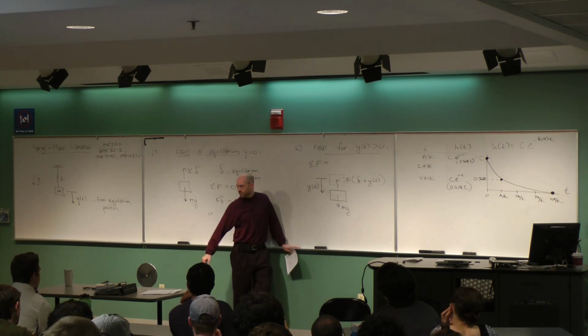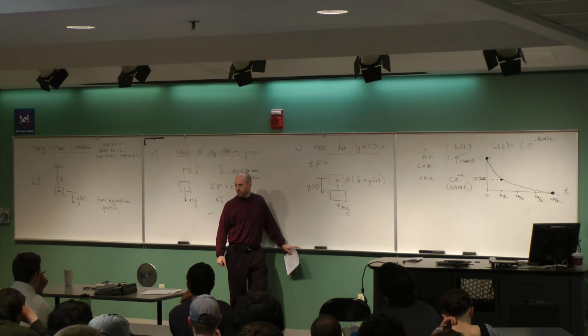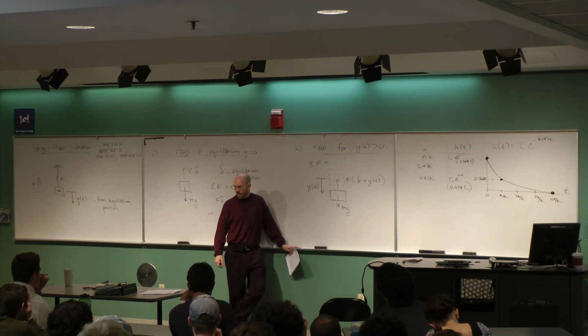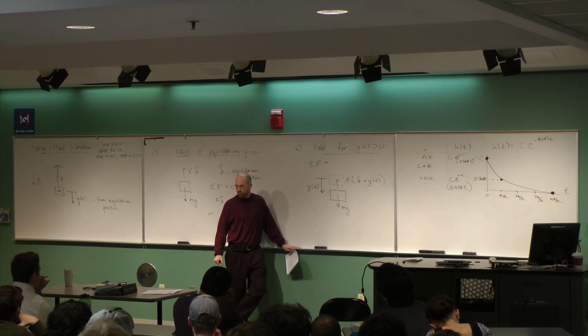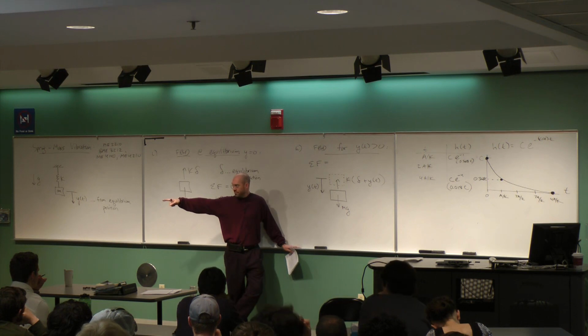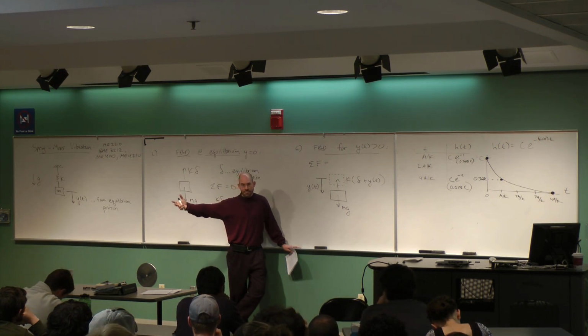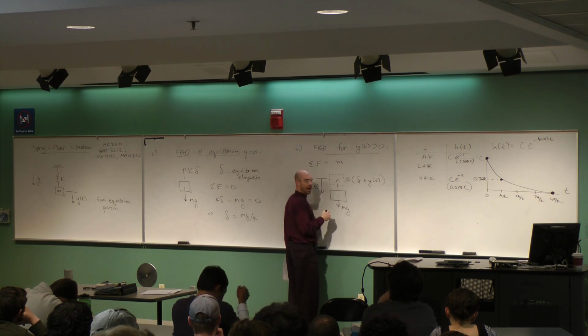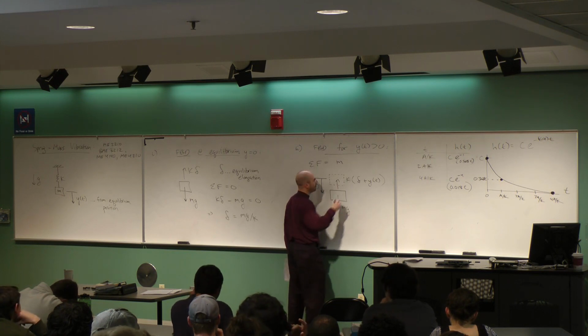What's y of t? It's displacement, it's position. How's acceleration related to position? It's meters per second squared, but what? It's the second derivative. So when I add up these forces, shouldn't I get m times two derivatives of y?